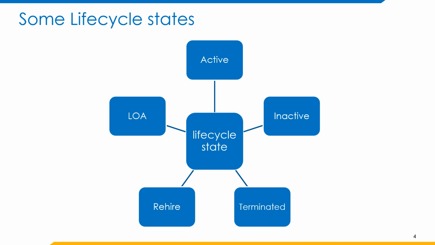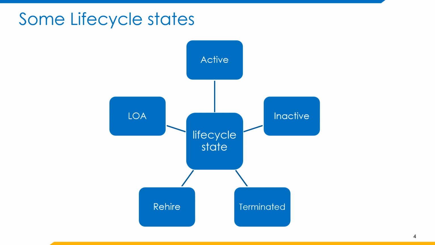When a user joins the organization, the user lifecycle state must be active. According to different conditions, a lifecycle state is auto-assigned to the user and gives limited access that is entitled with the lifecycle state. When a user is on long leave, LOA or inactive lifecycle state is assigned.